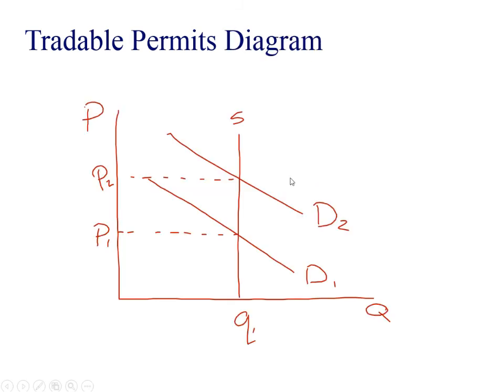So if the cap or the limit is not set low enough, so it's somewhere out here, you can see that the further supply is to the right hand side, the lower the price of a permit is going to be. Say a permit is something like 50p per tonne or 25p per tonne. I think in the video it does mention it being that low.